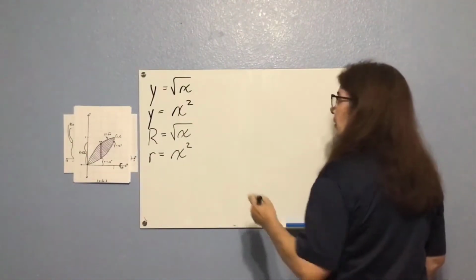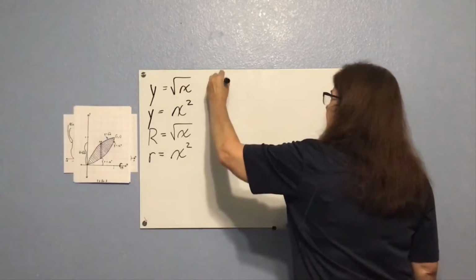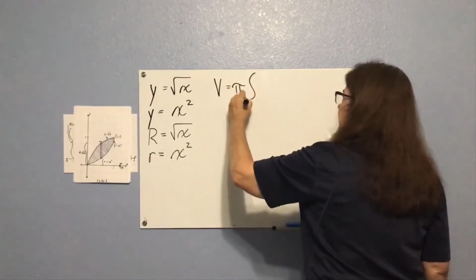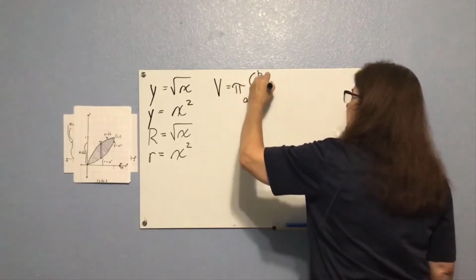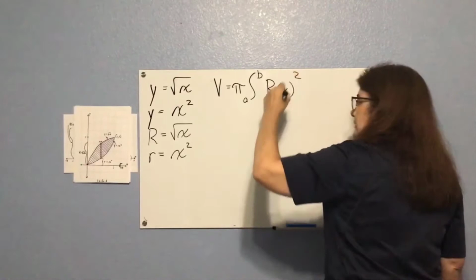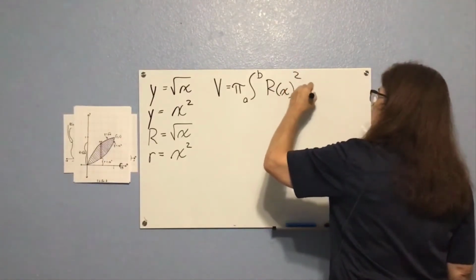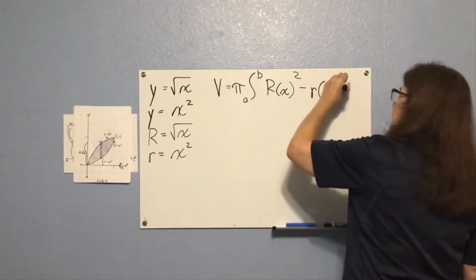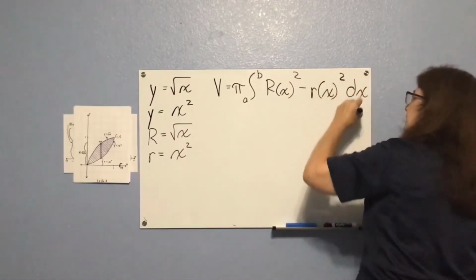Let's start now with our equation. Volume is equal to pi times the integral from a to b of r of x squared minus little r of x squared dx.